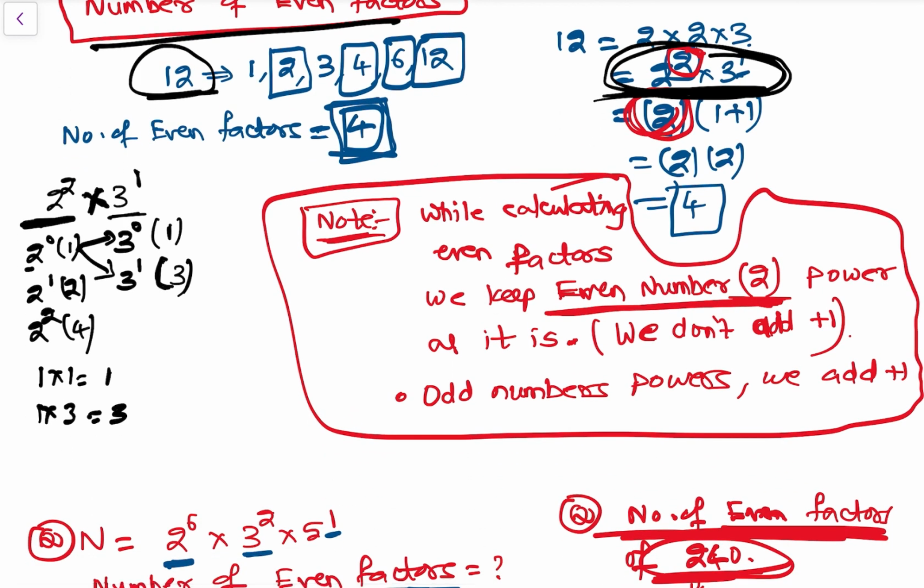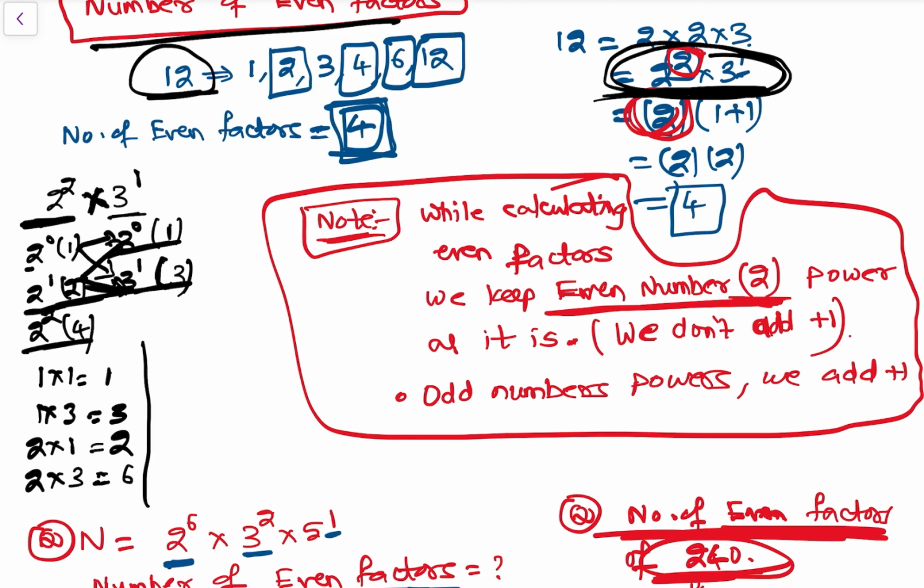Similarly, then 2 to the power 1 we multiply with everything, that is 2 to the power 1 is 2, 2 into 3 to the power 0 is 1, that is again 2. Then 2 into 3, that is 6.